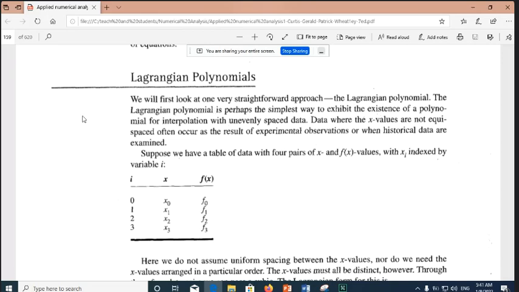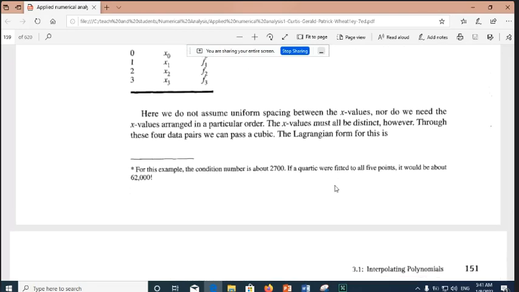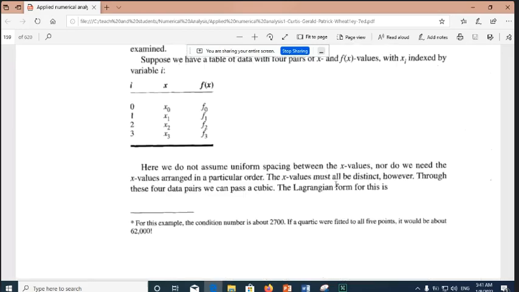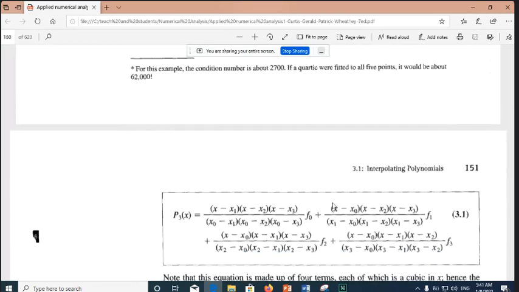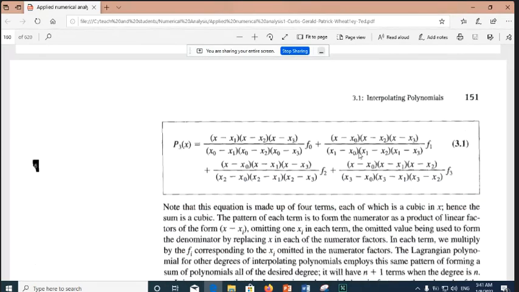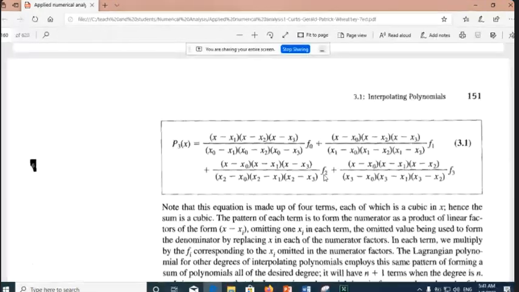The first concept we talked about last meeting was Lagrangian polynomials. With Lagrangian polynomials, we can find the value of f, but there are some disadvantages or drawbacks regarding this method.